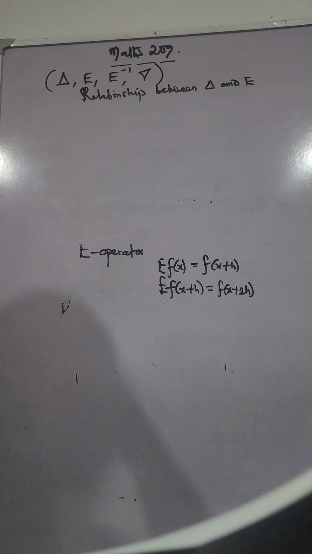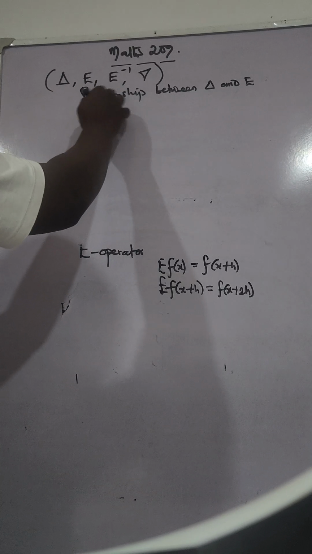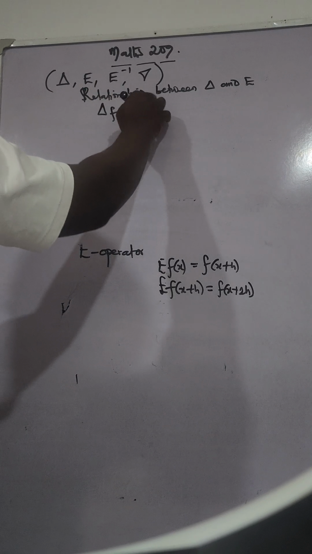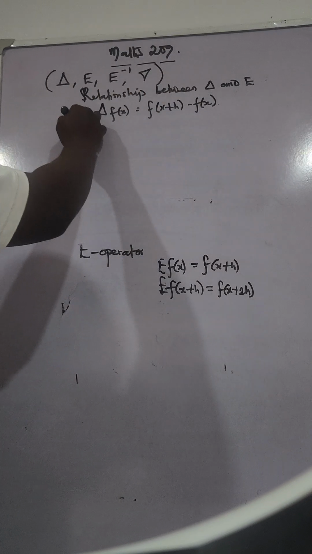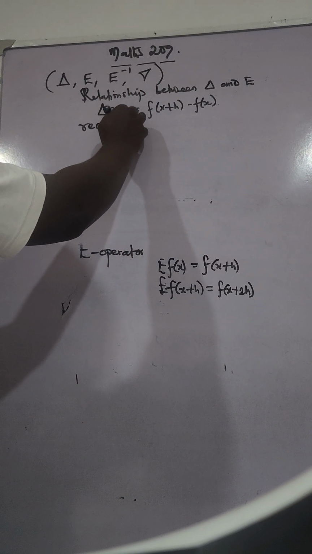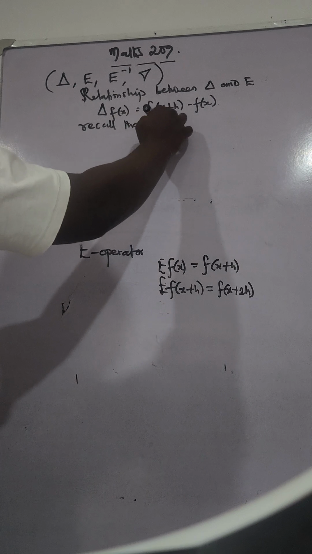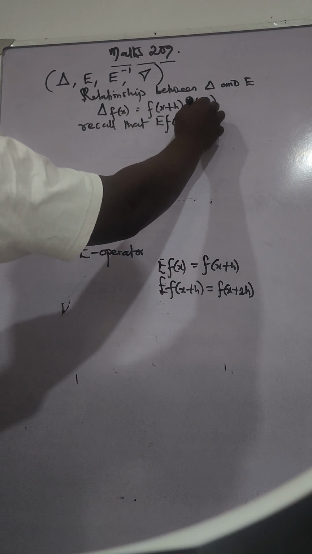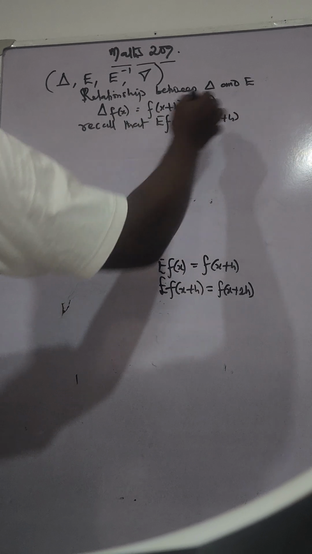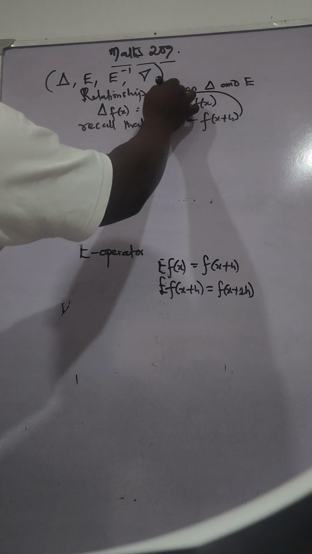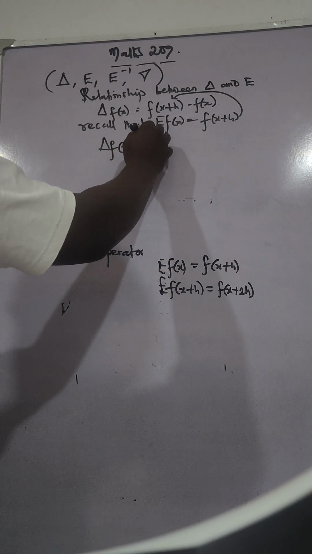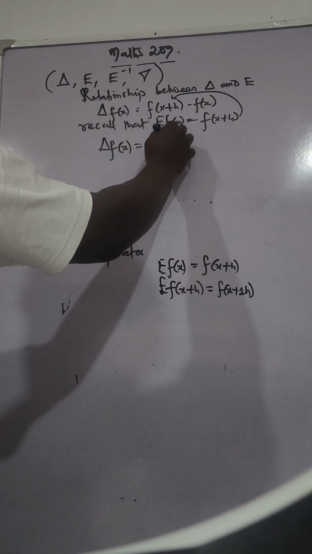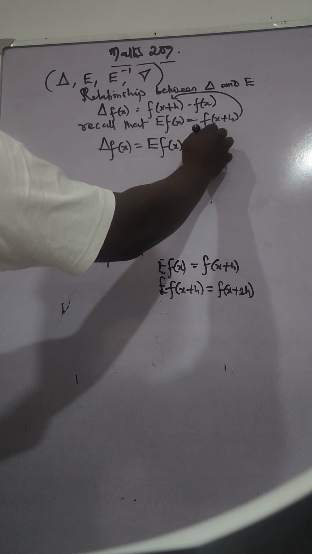I said, okay, since you have told me that the forward difference of f of x is f of x plus h minus f of x, and I can recall that you said the E of f of x is f of x plus h, let me substitute this into this. It means that the forward difference of f of x is E of f of x minus f of x.